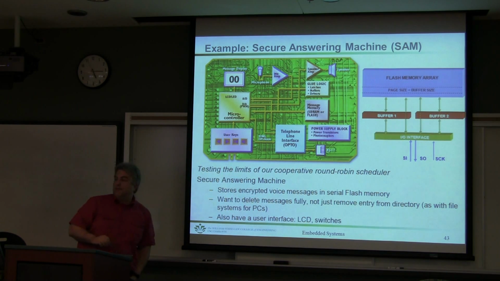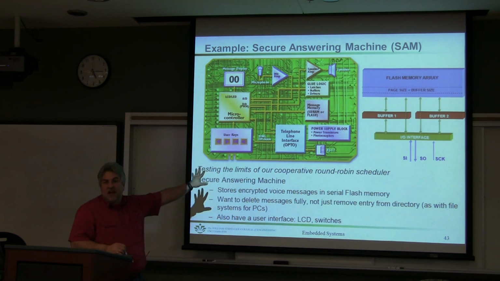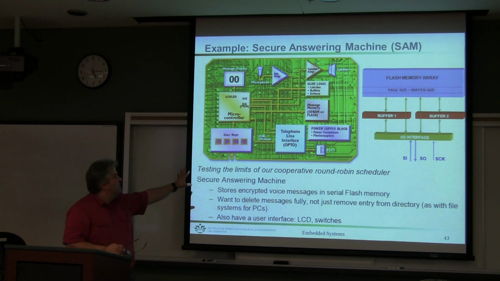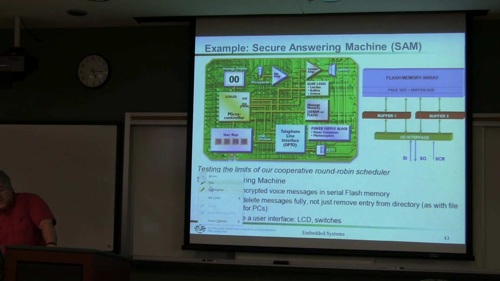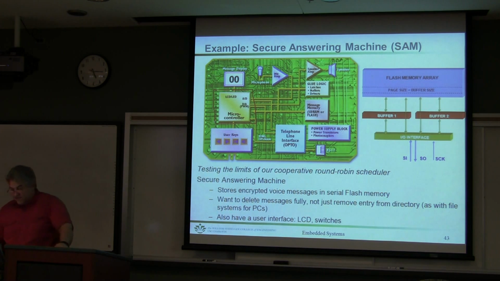So let's take a simple example, our secure answering machine. This is not unlike real answering machines, you have several parts associated with your answering machine, and in fact, let's take a look at this. Of course, central to all of this is the microcontroller itself. And the microcontroller will have different interfaces.